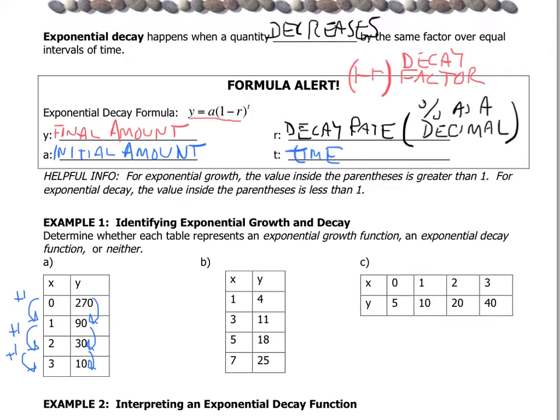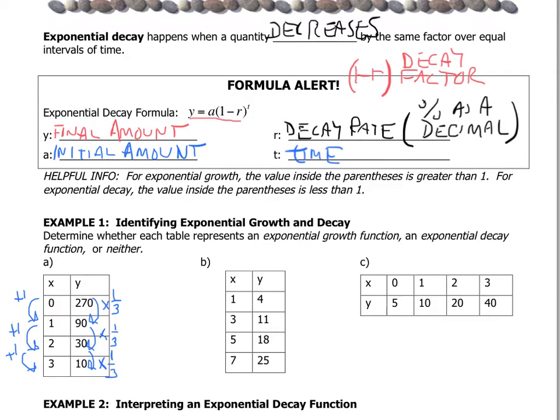We don't refer to our decay factor as dividing by. That is the same thing as times 1/3, and times 1/3. We always refer to this as multiplication, not as division.